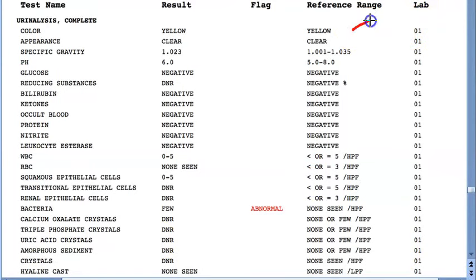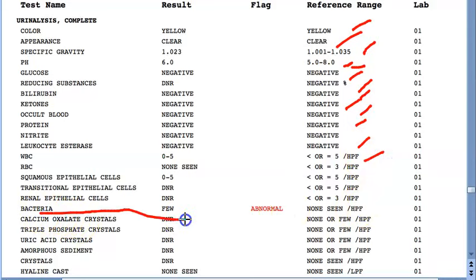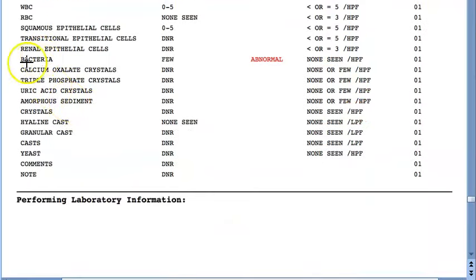So the color of the urine, the appearance, the specific gravity, the pH, glucose, bilirubin, ketones, and protein, blood, nitrate, WBCs, RBCs, any bacteria. So there are a few bacteria, right? Then a lot of other crystals they are talking about. So if bacteria are present, then they have to specify significant bacteriuria, etc.